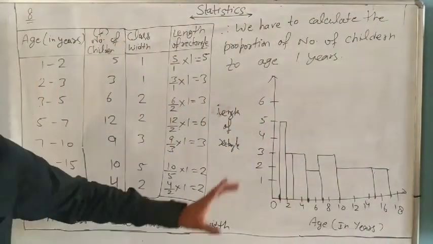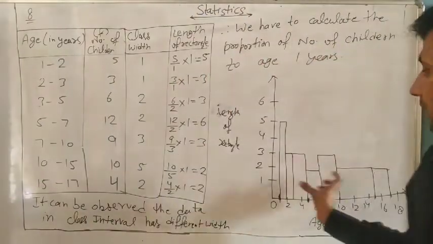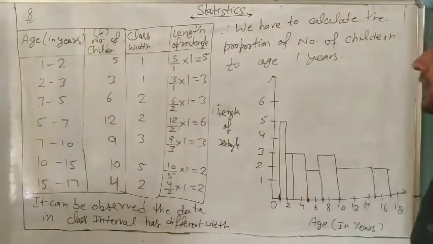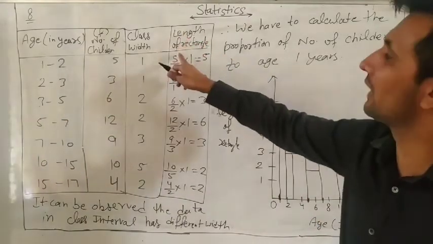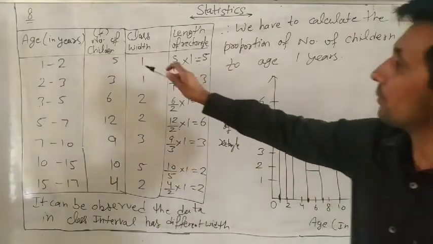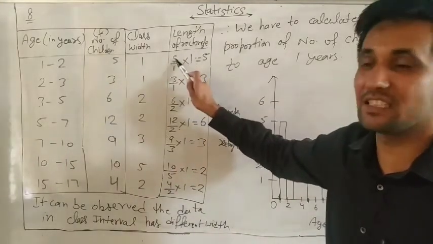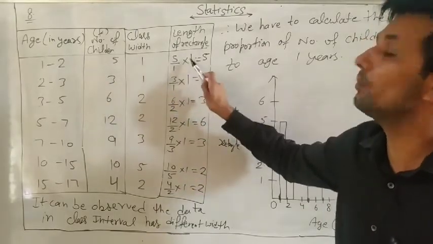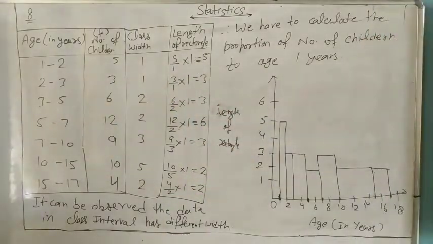So here the width of the class interval is not the same, so we only proportion it. Understand? Always remember how you find the length of rectangle: frequency divided by class width, into the minimum class width.